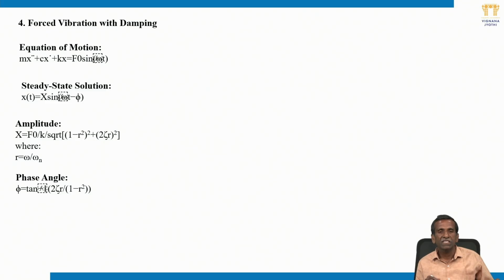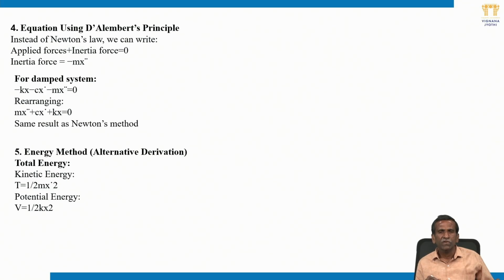We can use these for analyzing further. Here I have taken one example, D'Alembert's principle. How can we write the equation using it? D'Alembert's principle tells that the algebraic sum of applied forces and inertia forces must be zero. The inertia force is minus m x double dot, opposite to the direction of displacement.